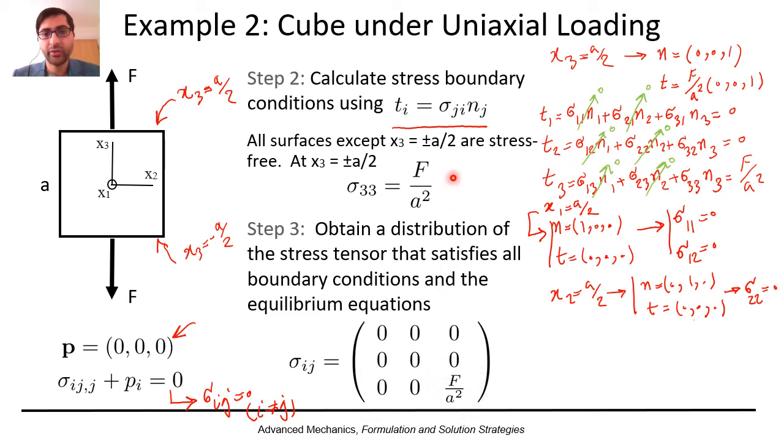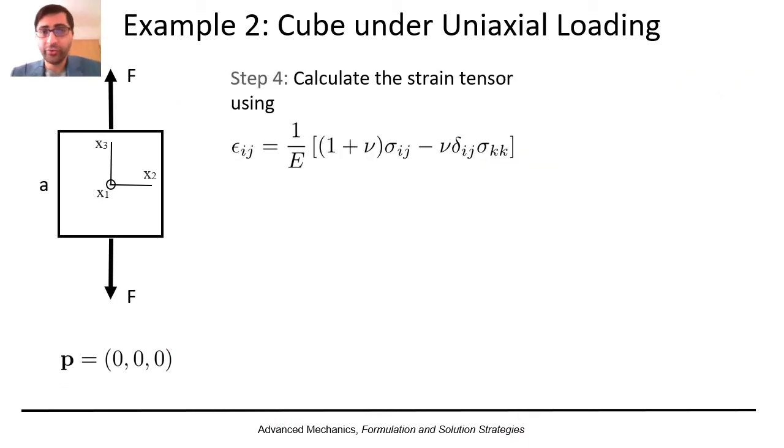So basically, we use the boundary conditions to find the stress components at the boundaries, and then think of a stress distribution that satisfies those boundary conditions, and this one pretty well satisfies it.